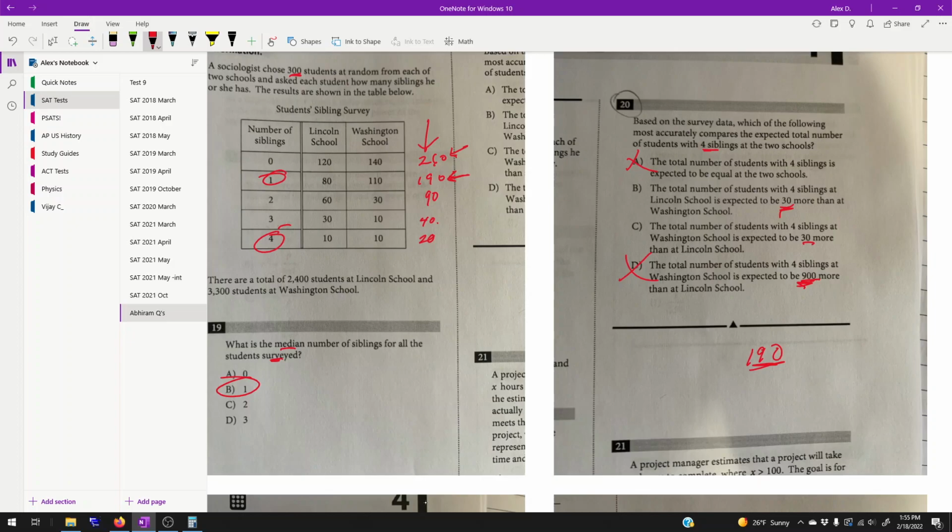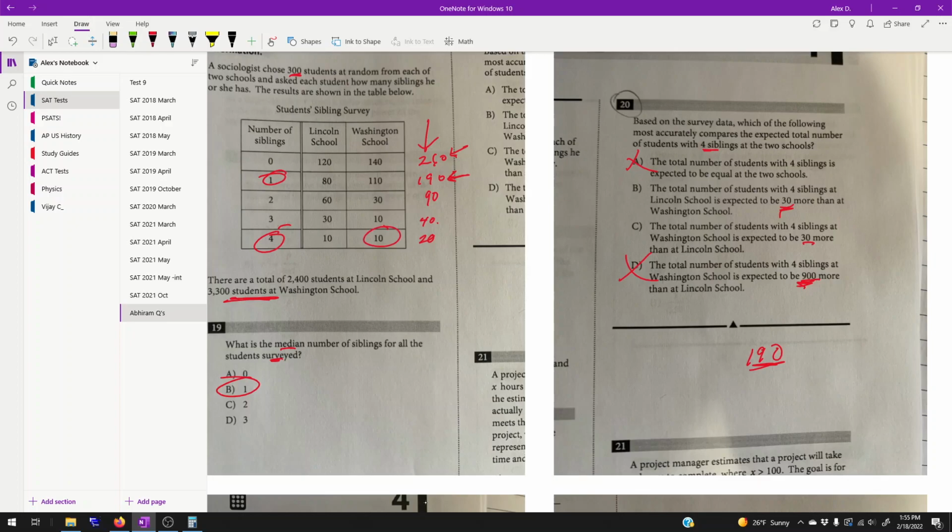So Washington School has the larger population, so it makes sense then that proportionately speaking, Washington is going to have more kids with 4 siblings, but the total proportion here was a smaller percentage.